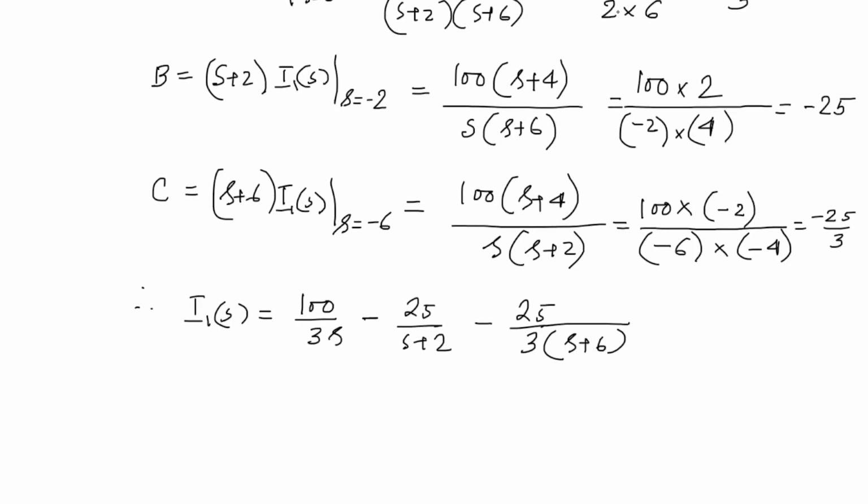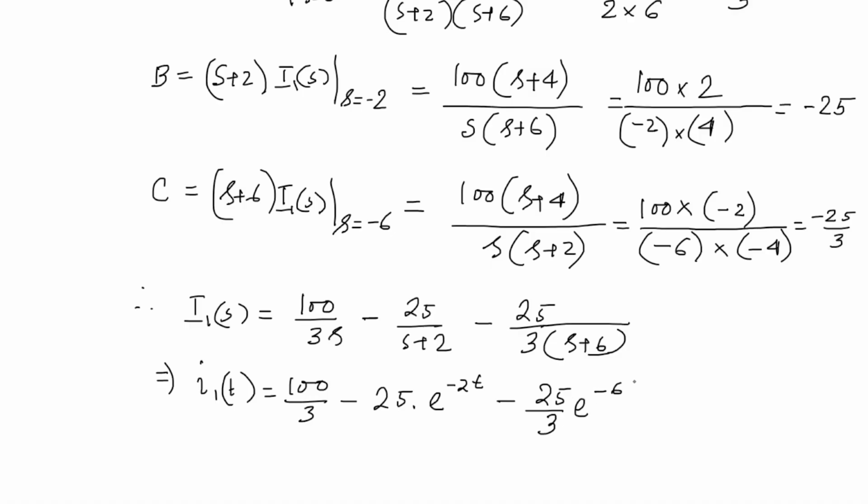So from this equation, if we apply the inverse Laplace transform, I1t: the first term will be 100 by 3 only, because it is 100 by 3 into 1, since the inverse Laplace transform of 1 by s becomes 1. From the second term it will be minus 25 is the constant, then it is shifted by an amount of 2, so it should be e to the power minus 2t. And from the third term it is minus 25 by 3 as the constant, shifted by an amount of 6, so it should be e to the power minus 6t. So this becomes your complete expression of I1t.